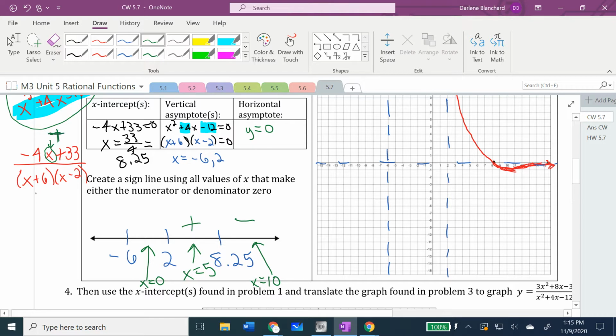In the denominator, 0 plus 6 and 0 minus 2. So I've got a positive divided by a positive and a negative multiplied. So ultimately, I have a negative number. All my y values are negative when I am between my two asymptotes.